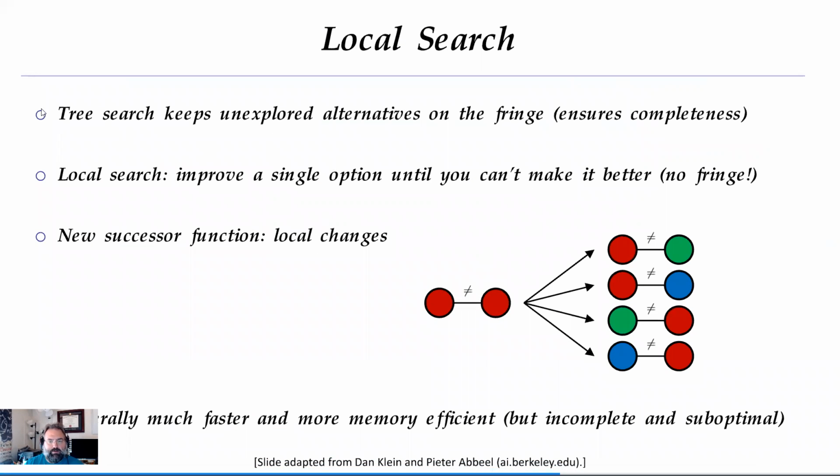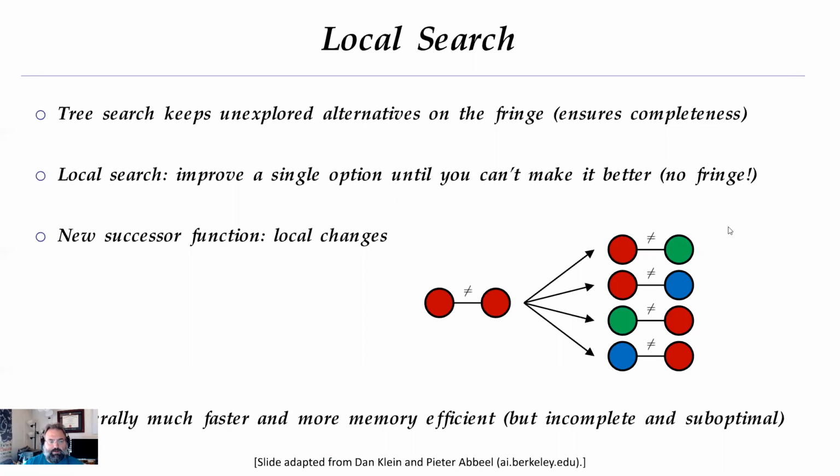So the basic idea here is to keep track of this edge, or the fringe, to ensure that you're potentially going to get completeness, although not necessarily, that's with a tree search. But whenever you're doing a local search, it's about improving a single option until you can't make a better one.